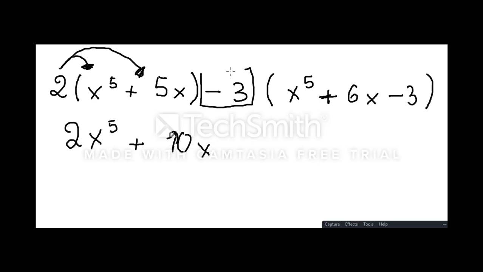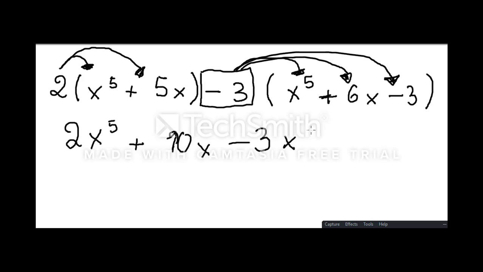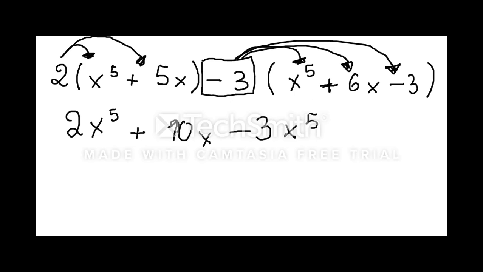Again, recognizing now that the thing that gets distributed is the negative 3, meaning that we will multiply each term by negative 3. Negative 3 multiplied by x to the 5th gives us negative 3x to the 5th. And here, negative 3 multiplied by a positive 6x.